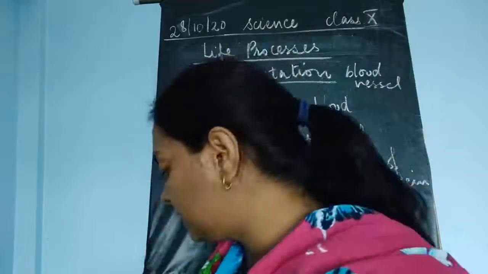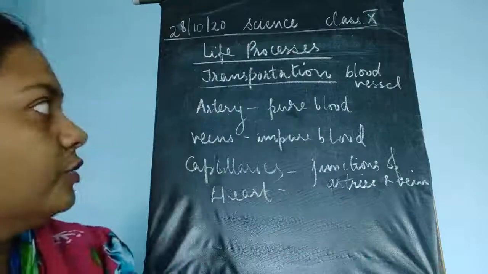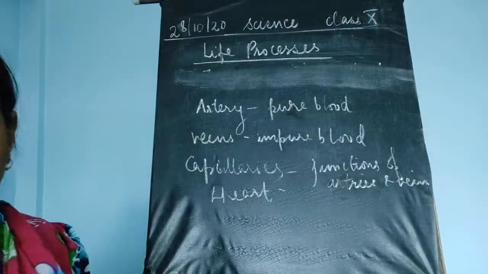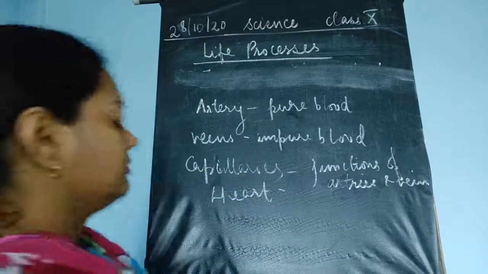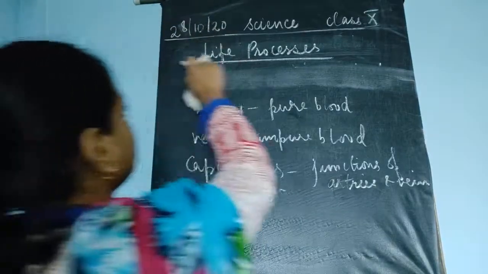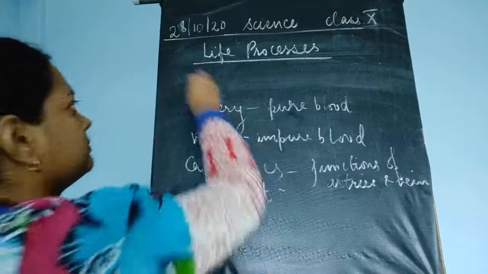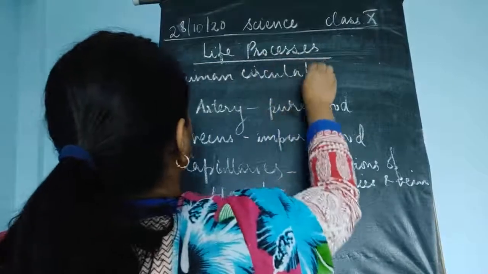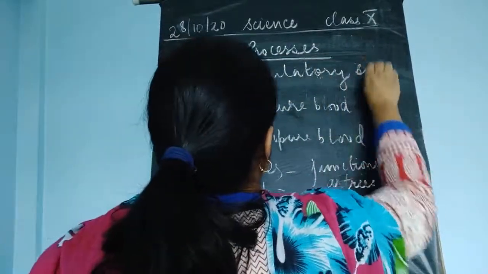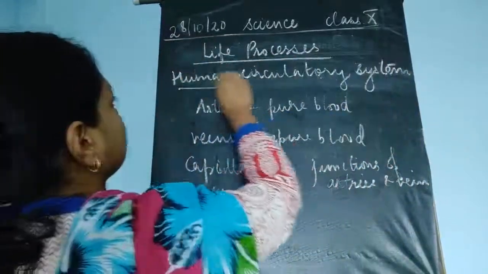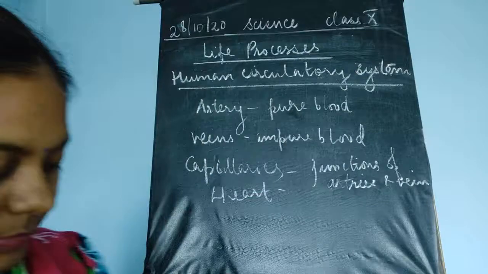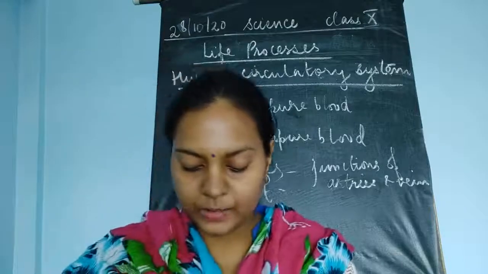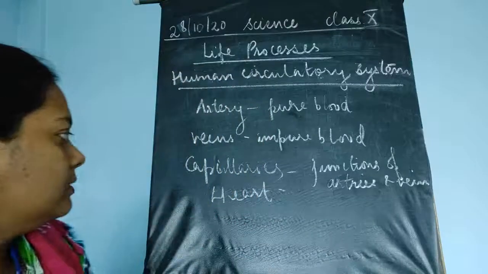If we talk about the human circulatory system, it includes these parts: arteries, veins, capillaries, the heart, and also the blood.